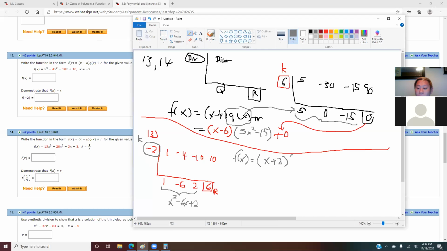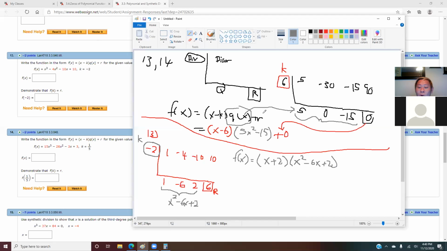And then what is your quotient here? The one that you gave to me, the one down here. It would be x squared minus 6x plus 2.